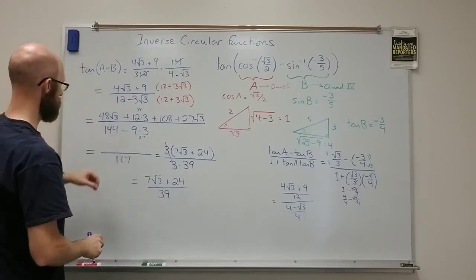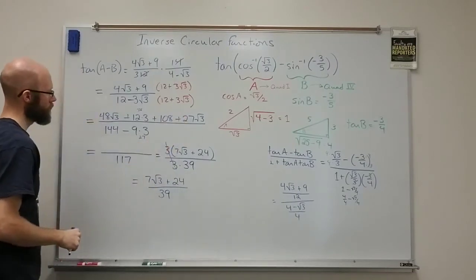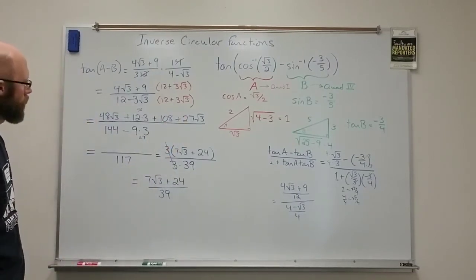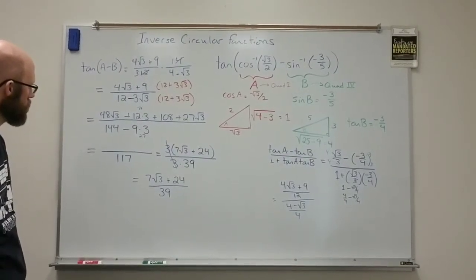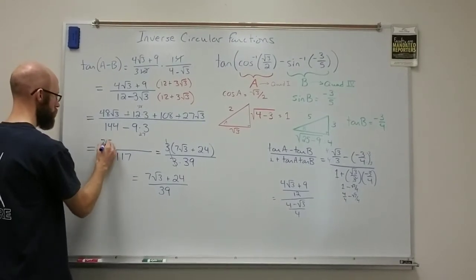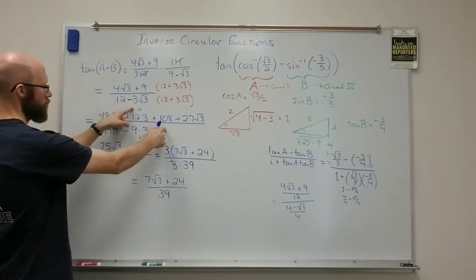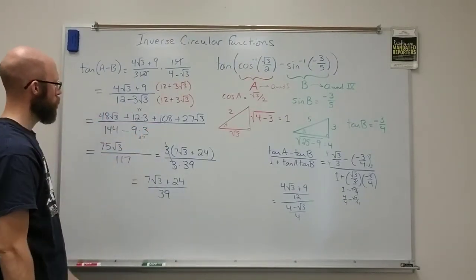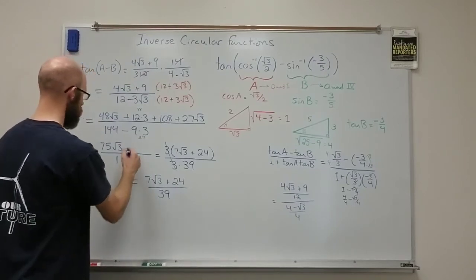So now my numerator, when I combine these, will be different indeed. I get 48 plus 27. What's 48 plus 27? 75. So that's 75√3. And then 36 and 108 is 144.